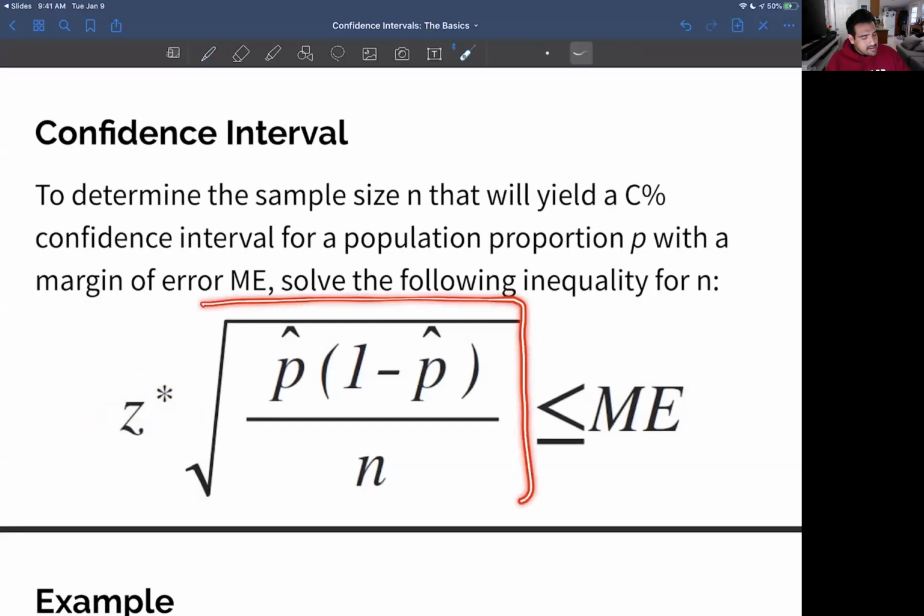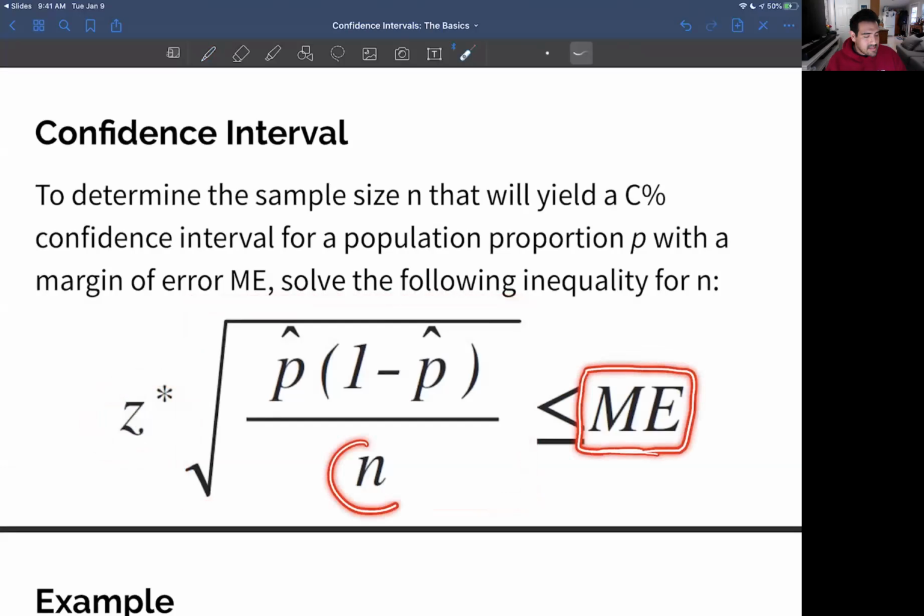For p hat, use 50%. If you don't know anything based off of previous studies, it's safe to use 50%. Solve for the margin of error that you're looking for. This will often be given to you because ultimately we're trying to solve for the sample size. Read your problem and see what it says.